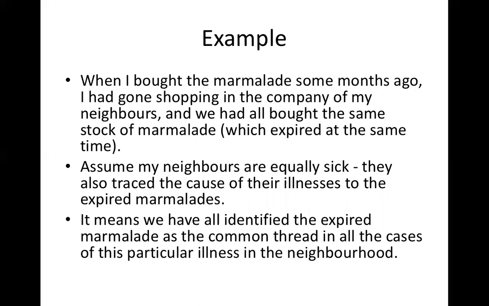Now, we often use relevant difference and common thread together. If there's an epidemic in a population, the first thing you do is to test one person to find out what is wrong with the person, to find out what is the relevant difference in that person that is making him or her sick. The person has always been healthy, and now the person is sick.